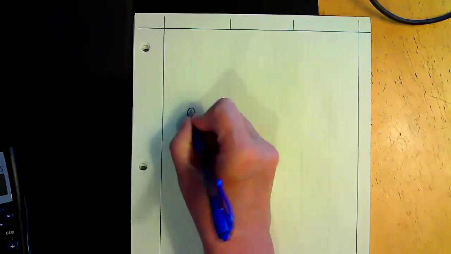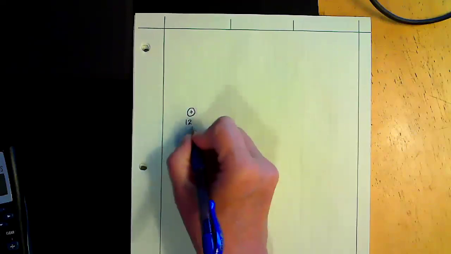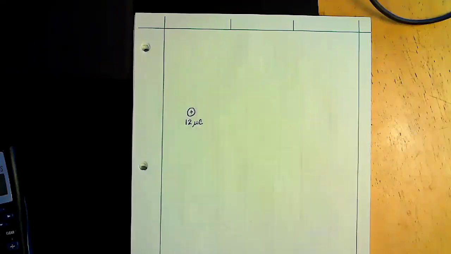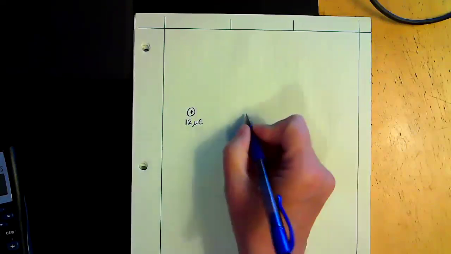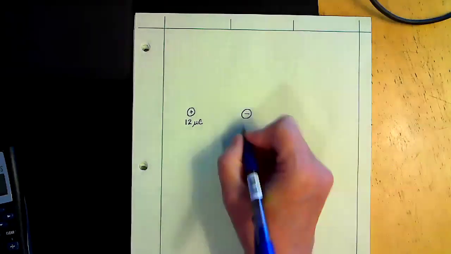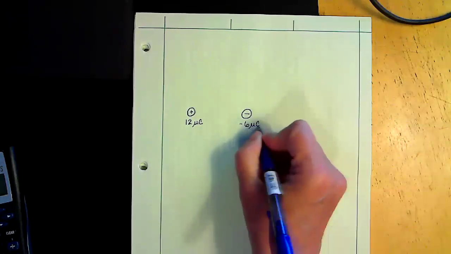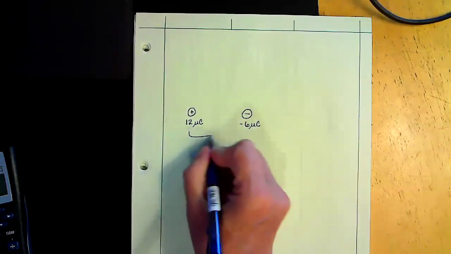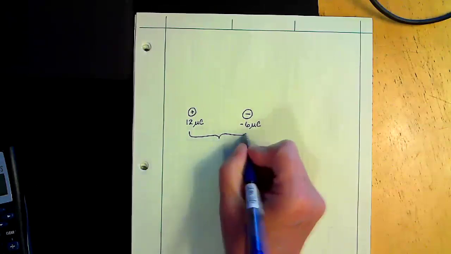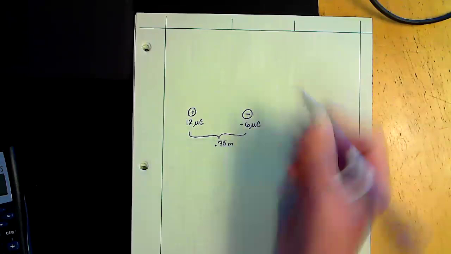So I've got a positive charge. We're going to use our same 12 microcoulombs. And I'm going to do a negative charge, a negative 6 microcoulombs. We're going to give this a distance of, for grins and giggles, 0.75 meters.